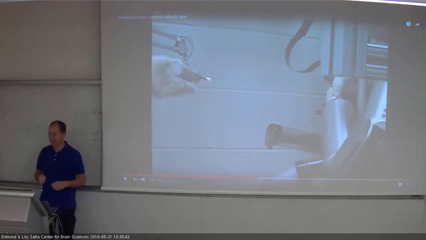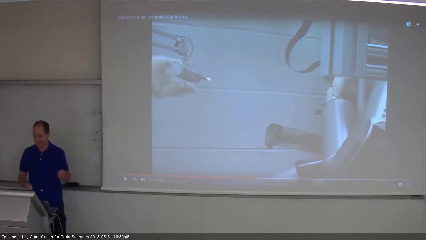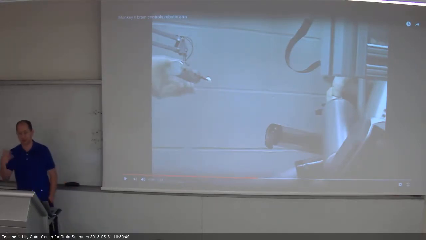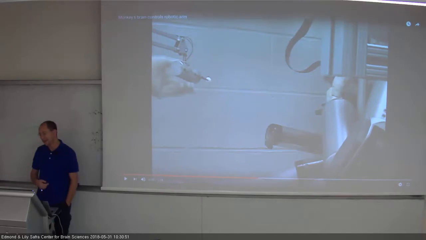For sure, it's not the same movement. It's not that he's moving his hand in order to grasp it, but we're decoding activity from the motor cortex that maybe is also moving other muscles in order to get to this. In a second, I'll show you an example in humans where he cannot move his hands at all.